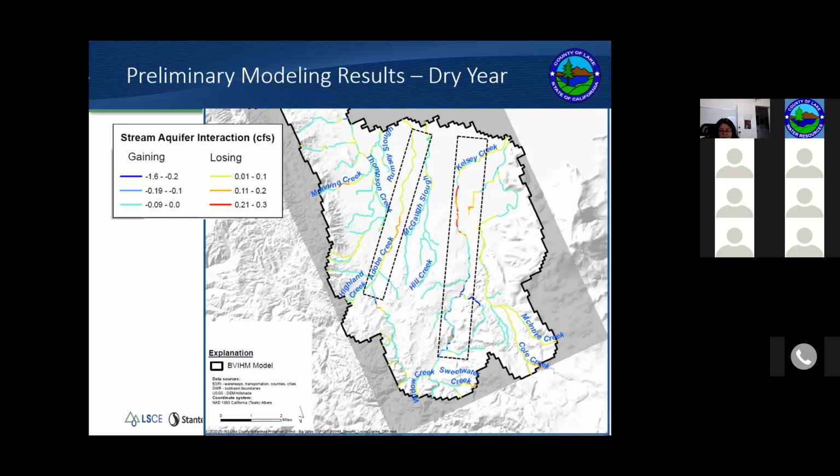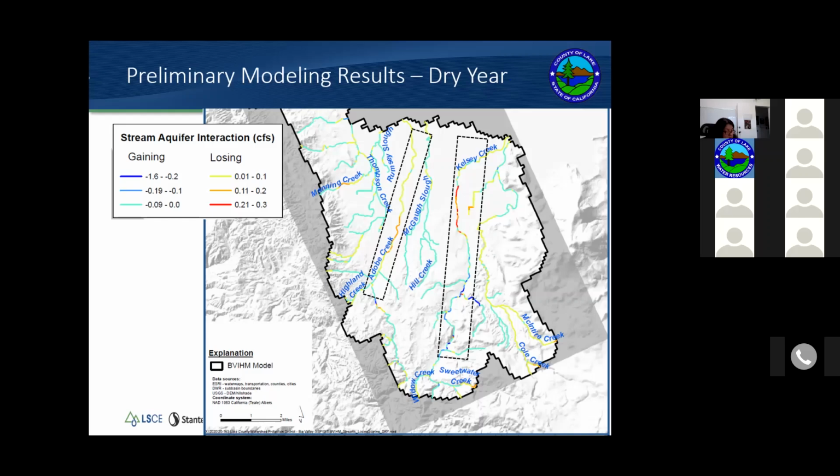So what's the takeaway? The model, based on the data we have, is consistent with the cross-sections we developed along the creeks, which Megan displayed. That shows the upper reaches of Kelsey Creek typically gain water, and the bottom reaches lose water and recharge the basin.